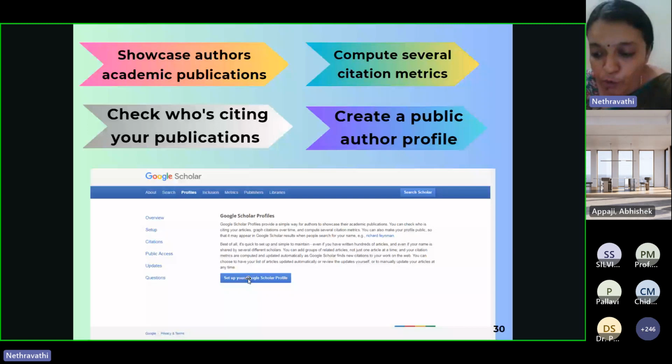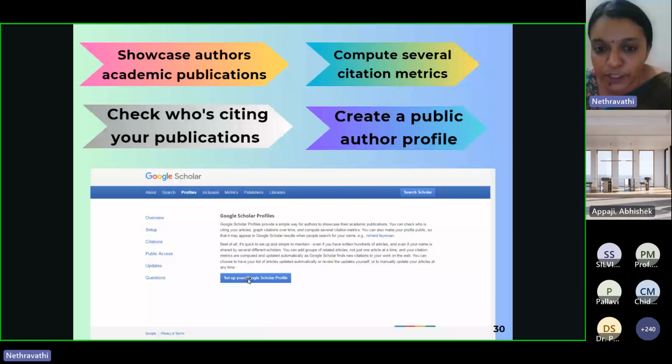If I want to follow Abhishek, I can search for his name and follow him, and create an alert which says whenever he publishes or adds a paper to his profile, I'll get an alert email saying that Abhishek has published a paper or presented a paper in a conference, etc.